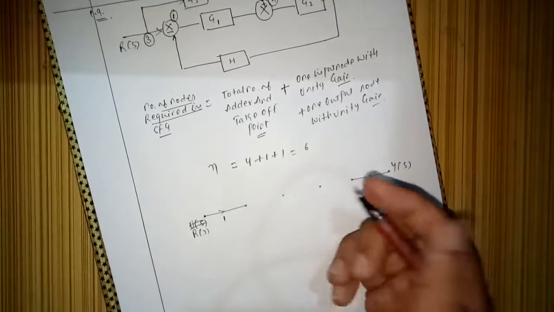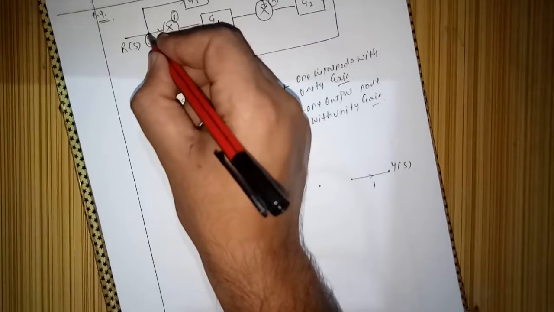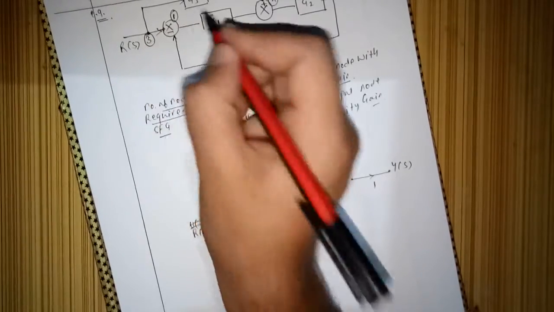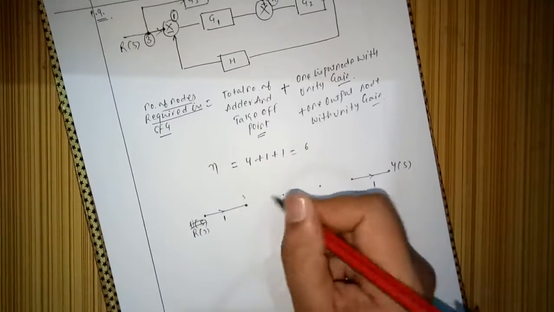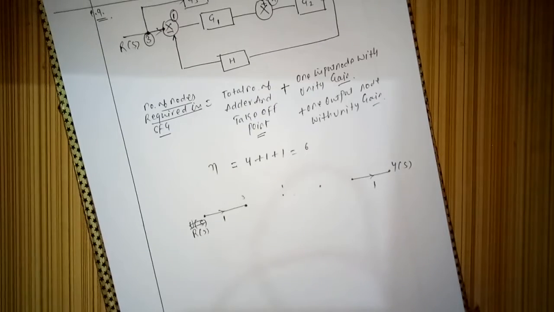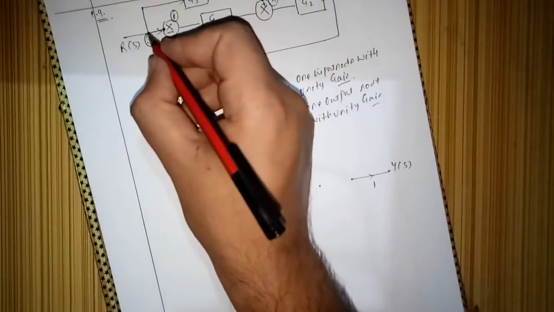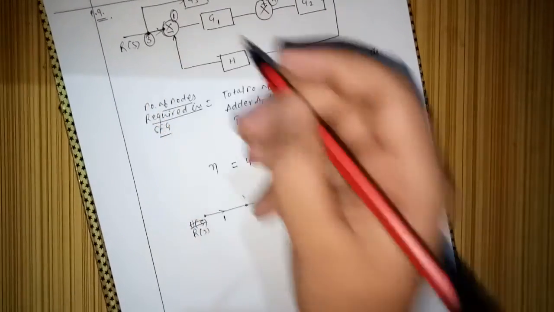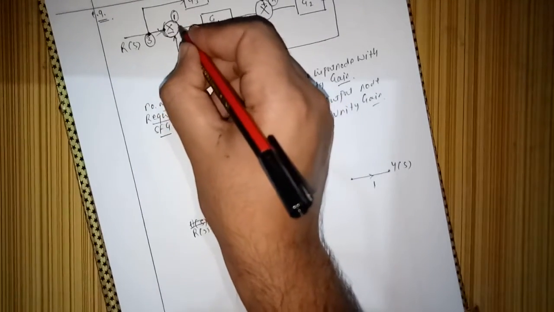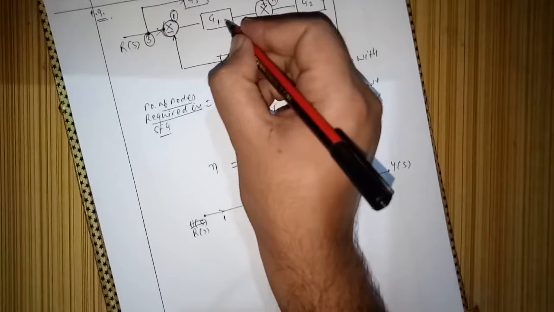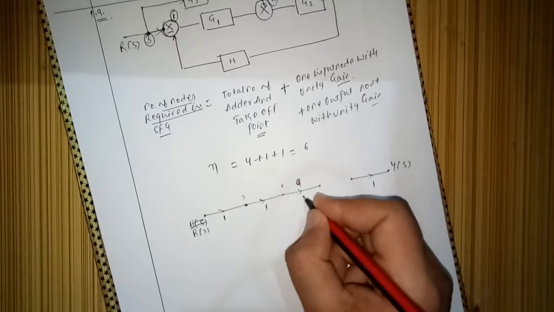Right, so let's look at this point from this to this takeoff point to this is point 3 and this is point 1. Right, so here we have unity gain between this takeoff point and this adder, so I represent this as unity gain. Now between first adder and second adder we have again G1, so I represent this as G1.